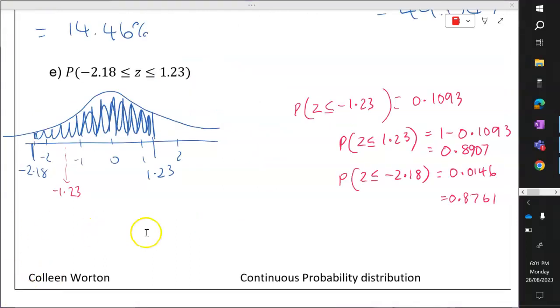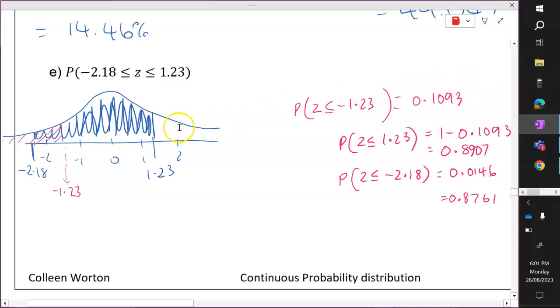So what I think I'm going to do is first of all look at the probability that Z is going to be less than or equal to minus 1.23, which is that bit there. And that will allow me to mirror this part up here. So the probability that Z is less than minus 1.23 on the table is 0.1093. So go and have a look at that.